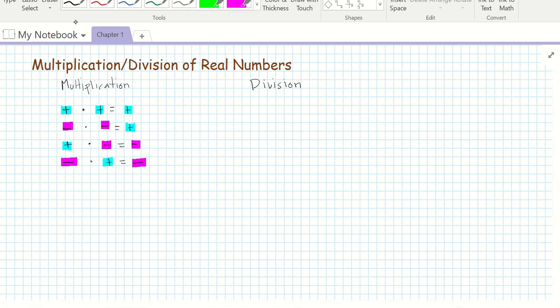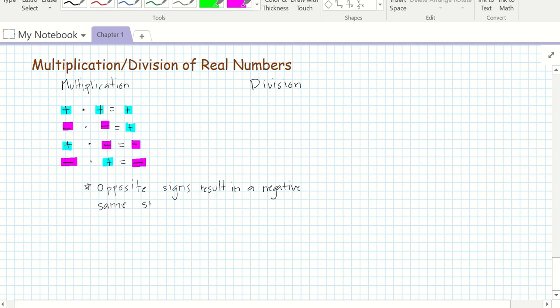So basically, what the rule is, is that opposite signs result in a negative. And same signs, doesn't matter if they're both negative or positive, same signs result in a positive answer.